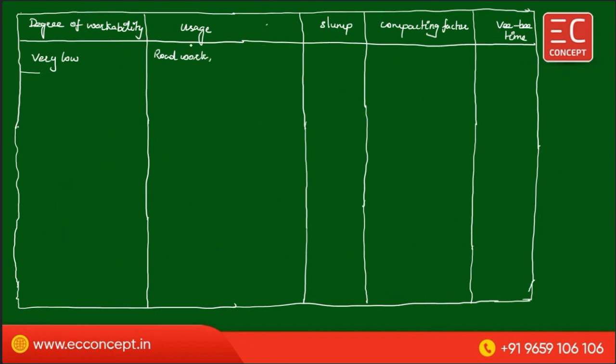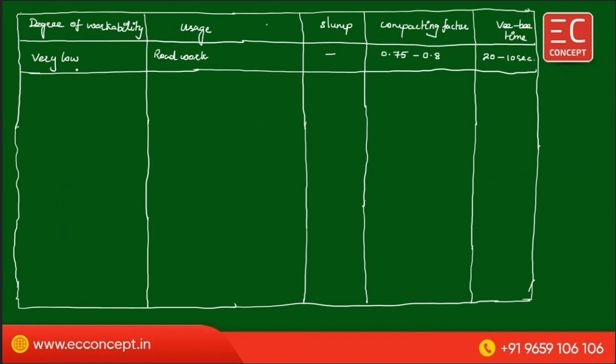Generally for road work: slump value, no. Compacting factor value 0.75 to 0.8, and the VB time is 20 to 10 seconds. So that's the first one.